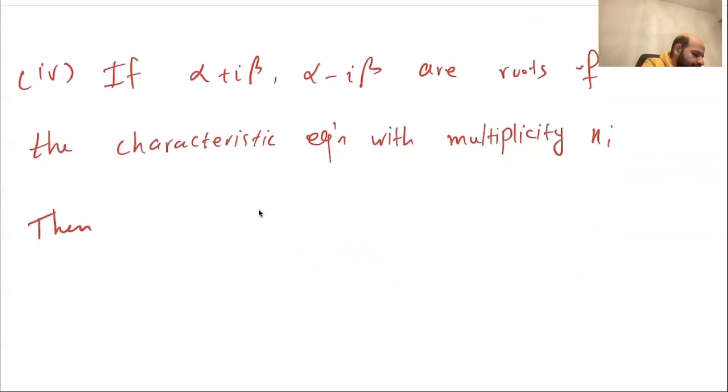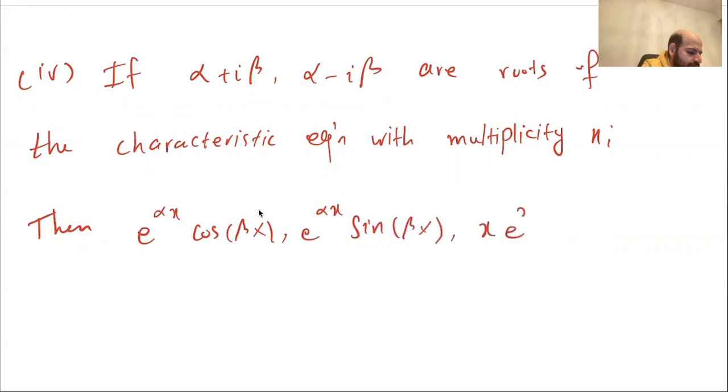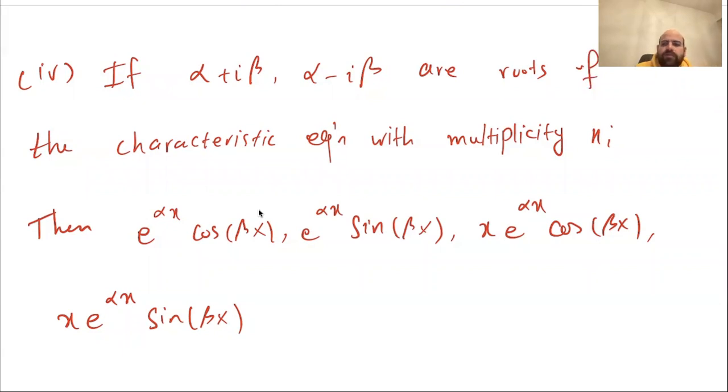I have to consider the solutions as e to power alpha x cos beta x, e to power alpha x sin beta x, x e to power alpha x cos beta x, x e to power alpha x sin beta x, all the way to x to power ni minus 1 e to power alpha x cos beta x, and x to power ni minus 1 e to power alpha x sin beta x.